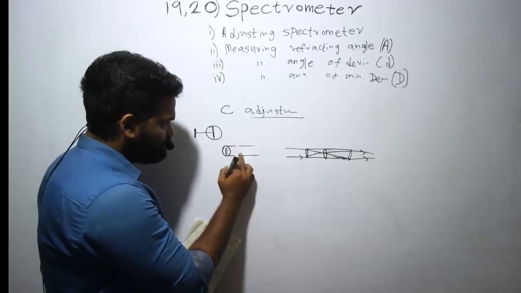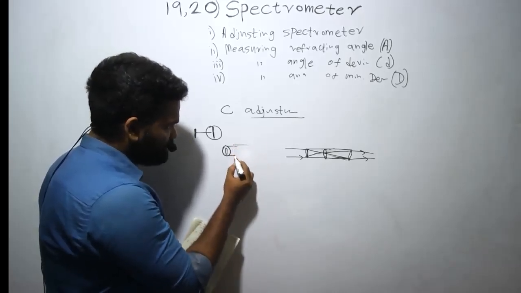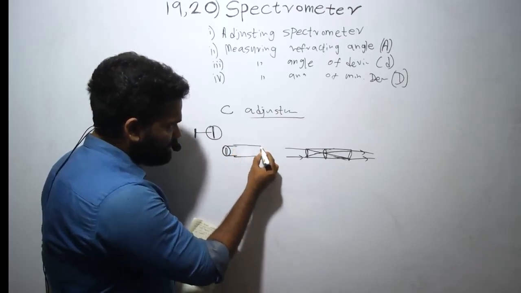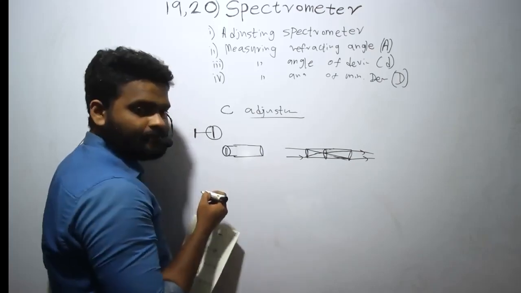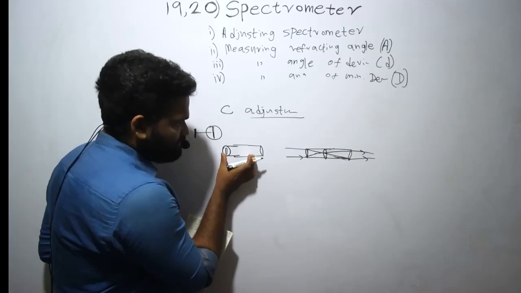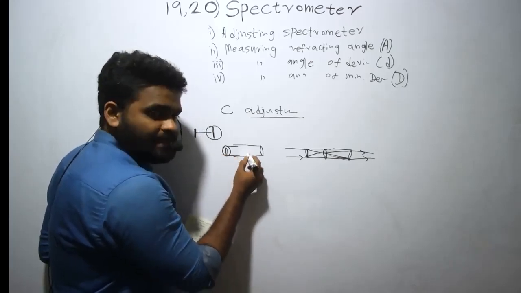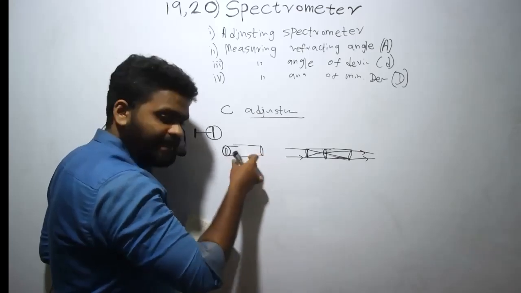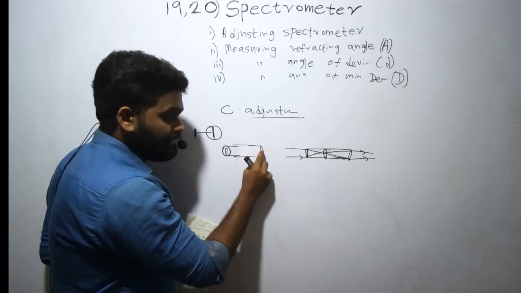This also is two separate pipes: one pipe which includes the slit and another pipe which includes a lens, just one lens. These two can be moved independently. For this as well, there's a large knob that you can rotate. You can change the distance between the slit and the lens.